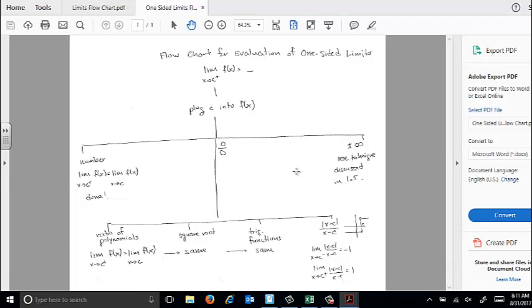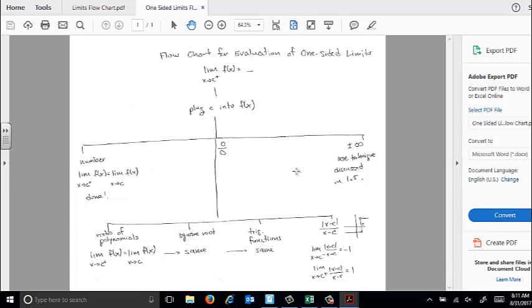If you divide a number by 0, then use the techniques discussed in 1.5, which just means that you plug in numbers that are close to the value x equals c and see whether it goes to plus or minus infinity. So use the techniques that we used in the handout to figure out whether it goes to positive or negative infinity.